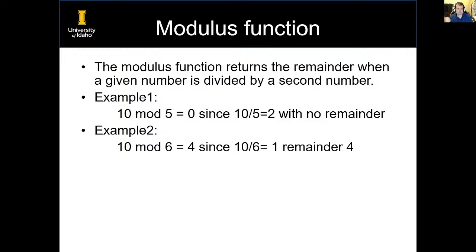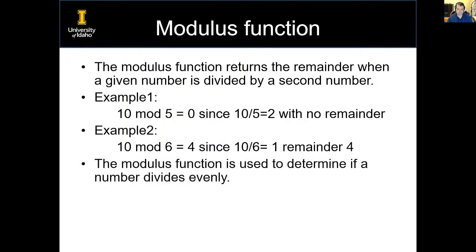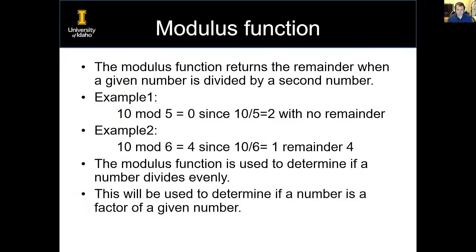And so the result that we get in a modulus is how many are left over. All right. So this is what we're going to use to help determine if a number divides evenly into another. And this will help us figure out the factors, because with a factor, it has to go in evenly.